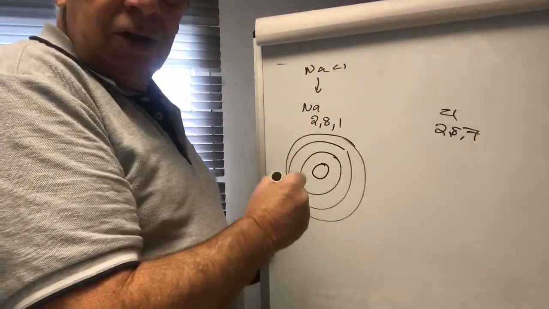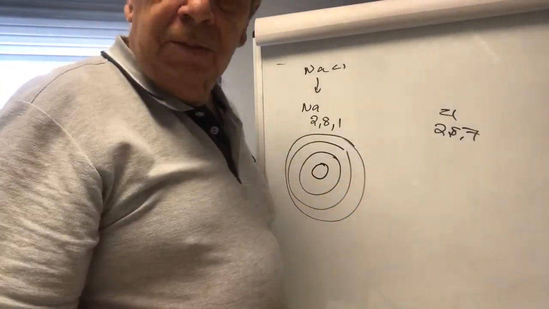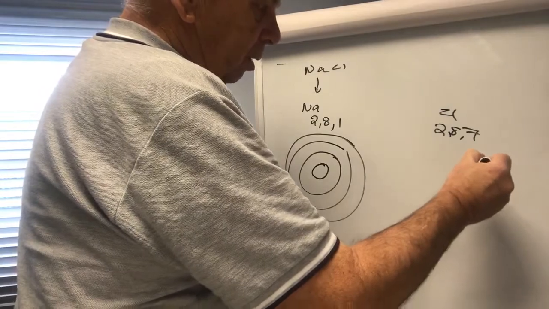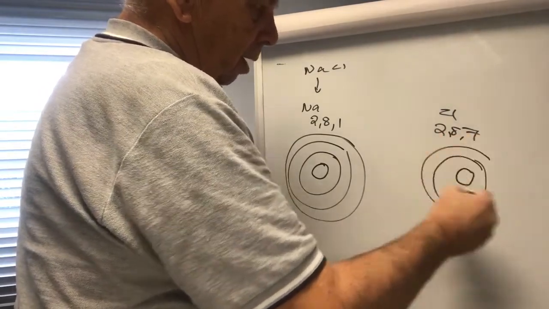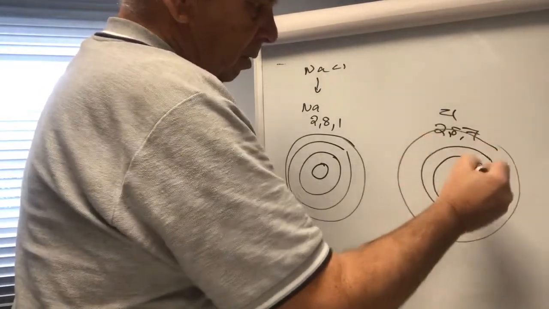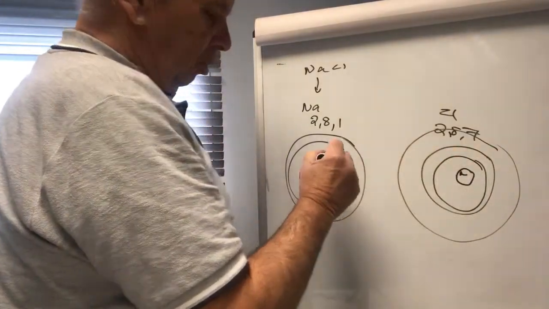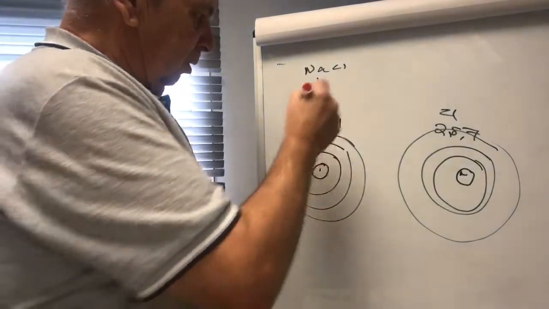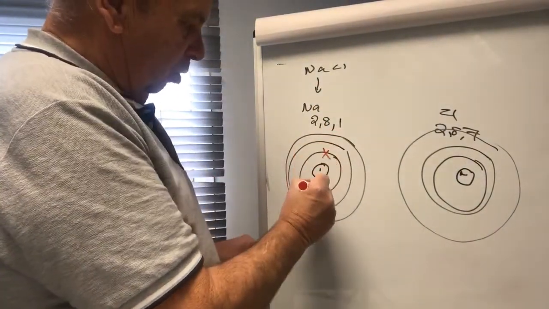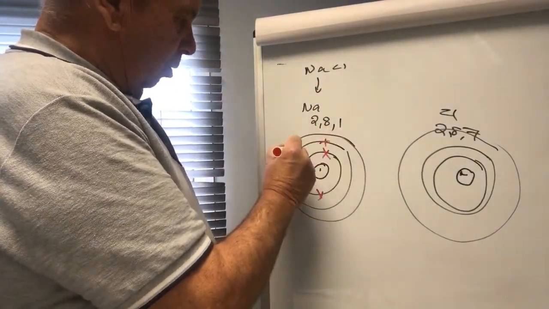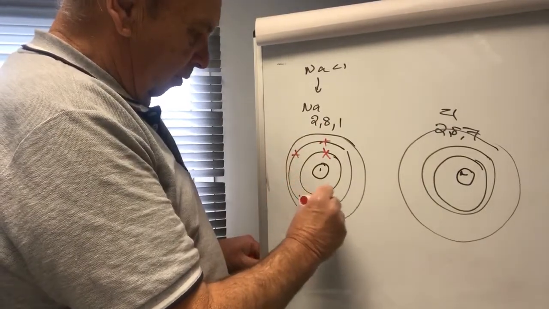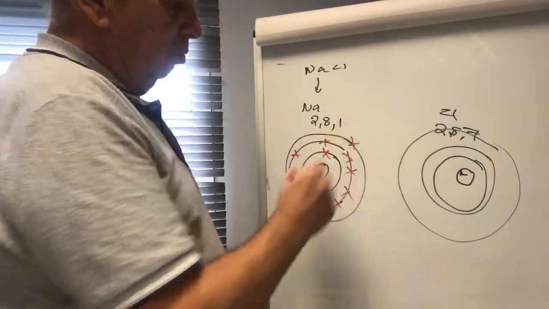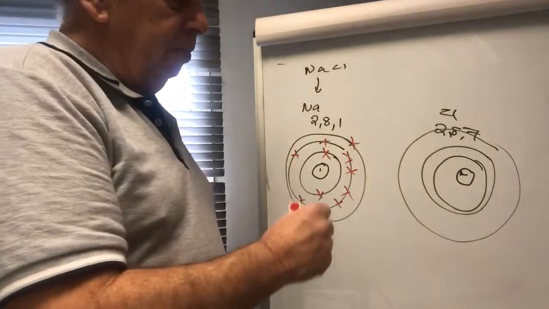That is sodium. These are sometimes called dot and cross diagrams. And then you've got chlorine, 2,8,7. There's the nucleus, there's the nucleus. 2,8,1, and 1 electron in the outer shell.